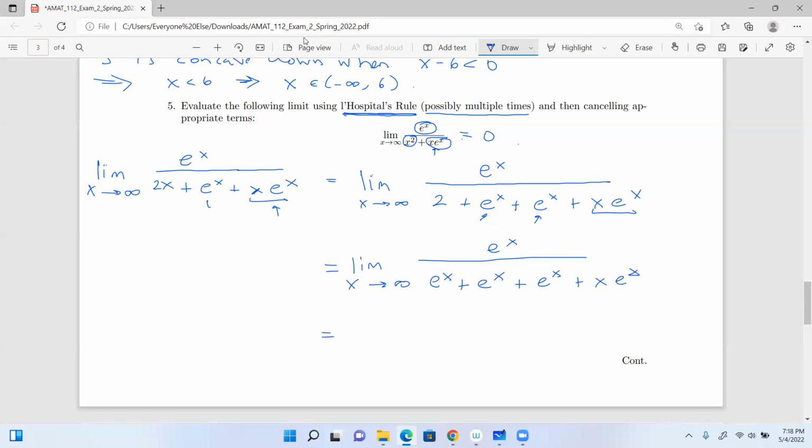So if you wanted, you could factor out e to the x in the denominator. I'm afraid I'm going to run out of room, but let me see if I can squeeze it in anyways. So each term in the denominator has a factor of e to the x.